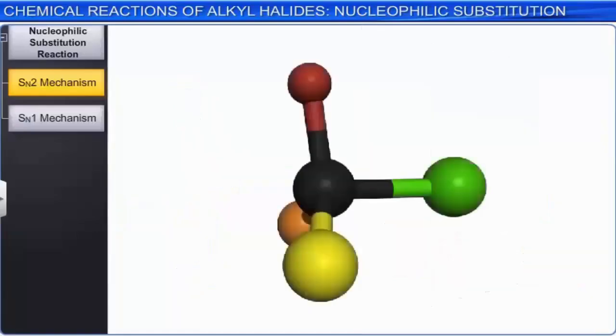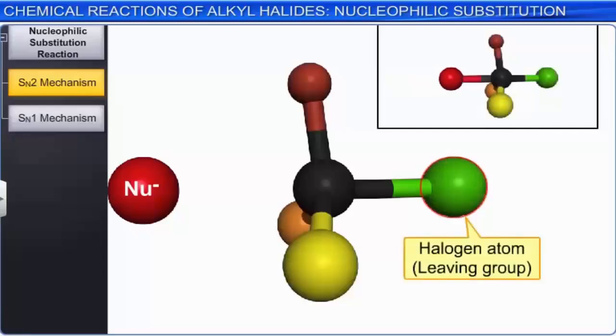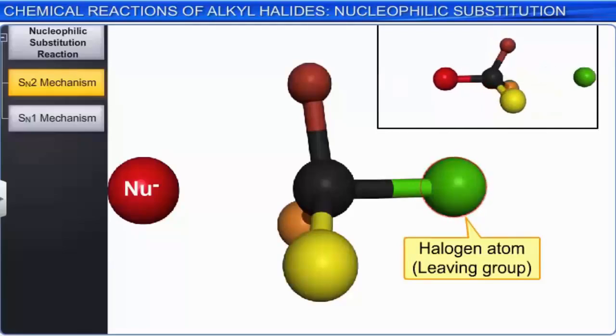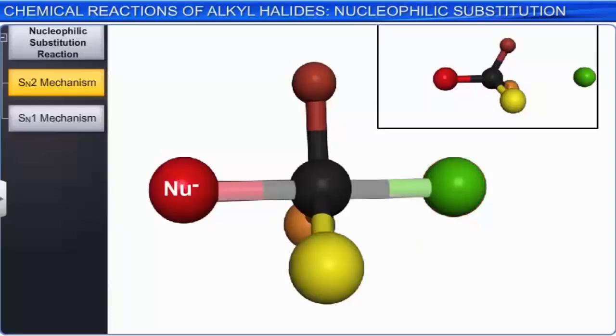In the SN2 mechanism, the nucleophile attacks from the back of the molecule on the opposite side from the halogen atom, the leaving group in this reaction. The leaving group leaves simultaneously. This is described as a concerted mechanism.